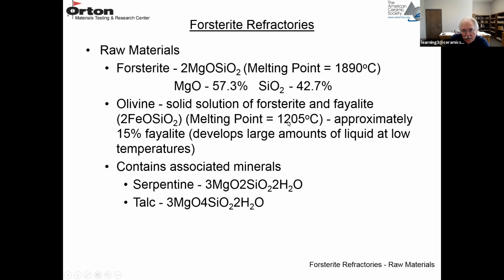It melts at a low temperature, 1205 degrees C, whereas forsterite is 1890 degrees C. So in the olivine raw material, about 15% is actually fayalite. So that's quite a bit. So it can develop large amounts of liquid at a low temperature.